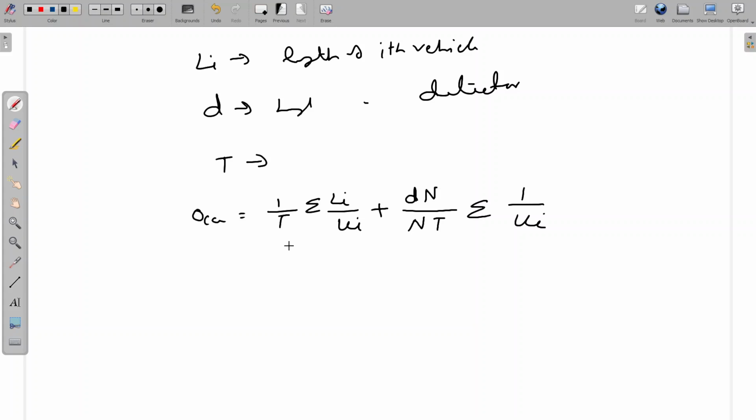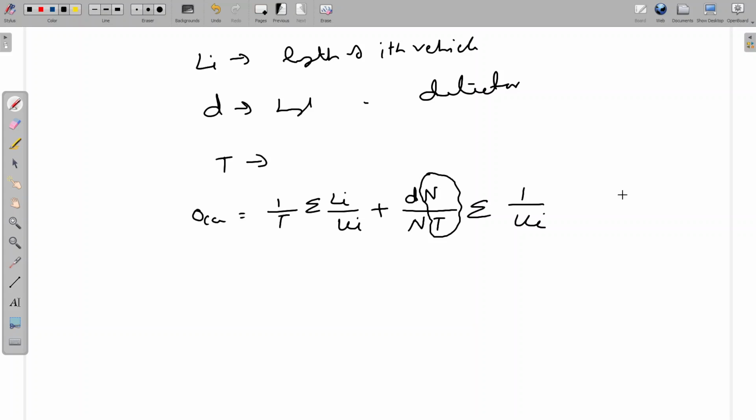So now what can we write? Suppose I separate these two parts: n by T, the total number of vehicles crossing the section over a total duration of time T. What is that? That is nothing but equal to flow. So can we write this as flow?